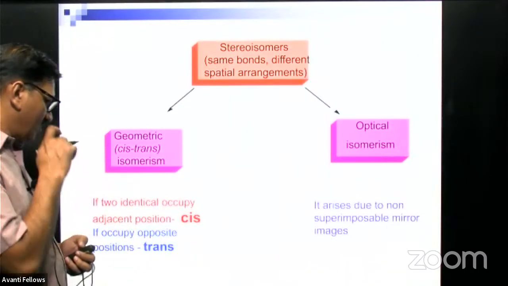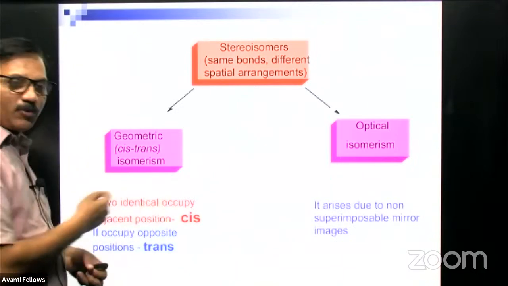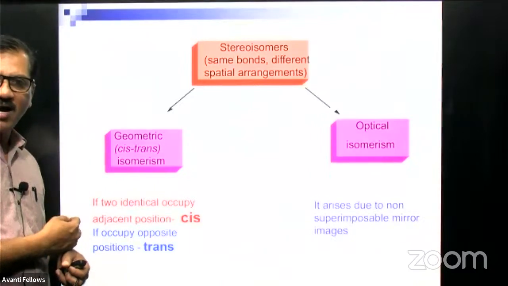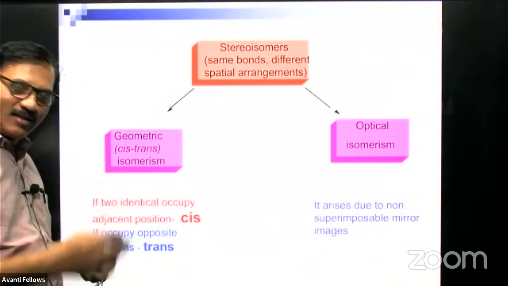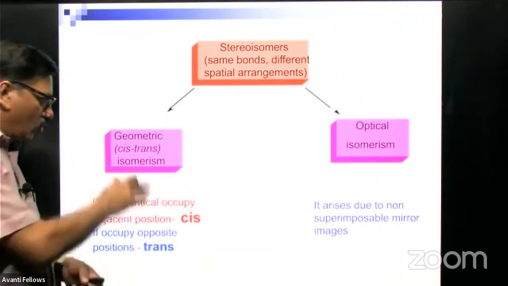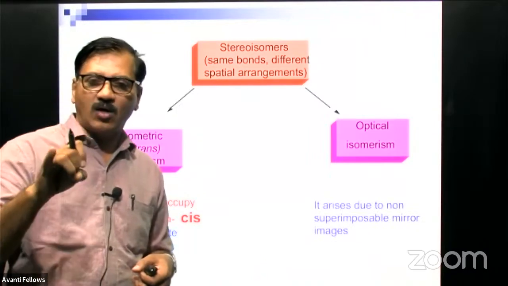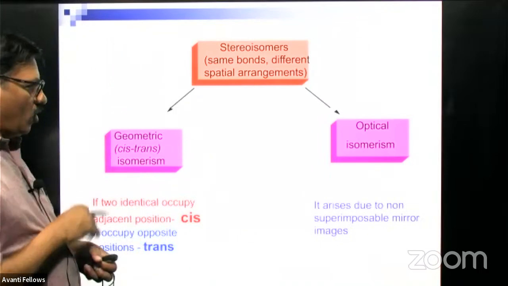Okay, geometric cis and trans isomer. If two identical ligands occupy adjacent positions, then we call it cis. If they are opposite, then it is trans. This rule holds good for square planar and octahedral complexes, all complexes.